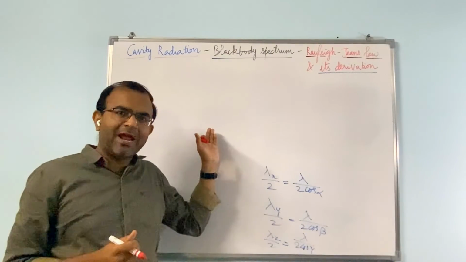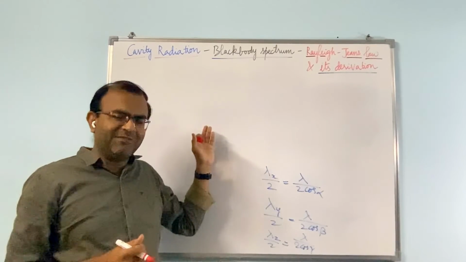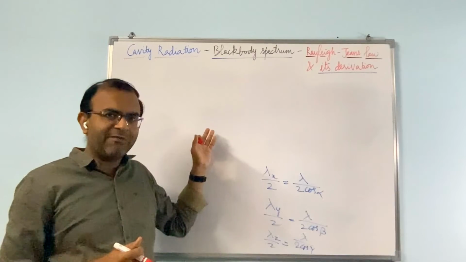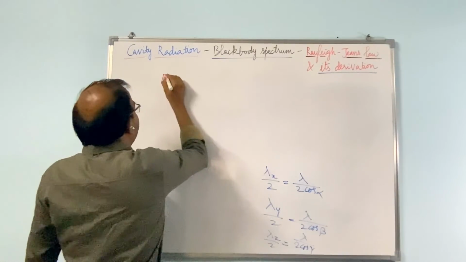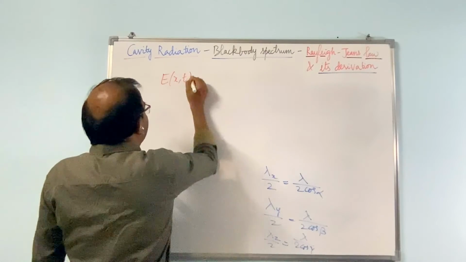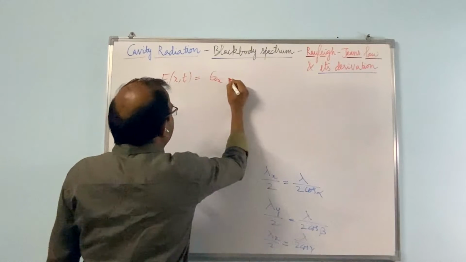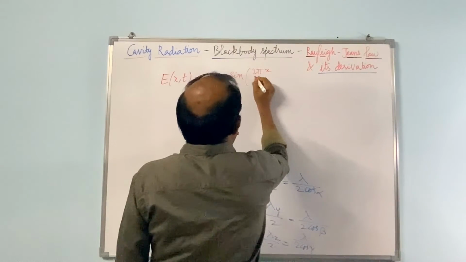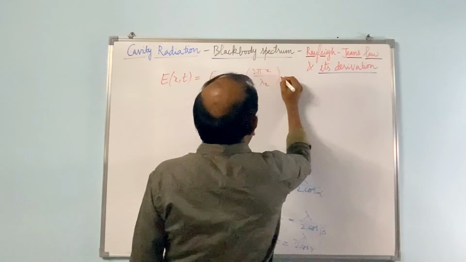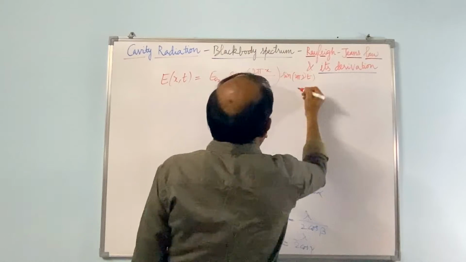Now we can proceed to write the electric field functions for this electromagnetic wave for each of the three components along the x, y and z directions, namely E x of x comma t is equal to E naught x sine 2 pi x over lambda x sine 2 pi nu t.